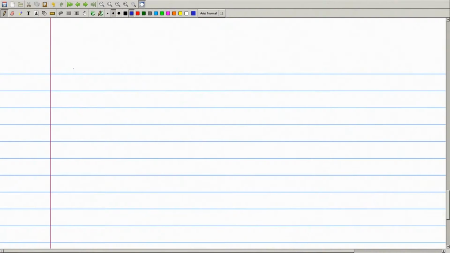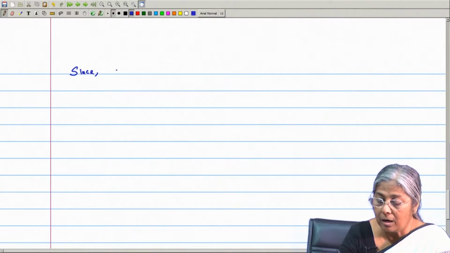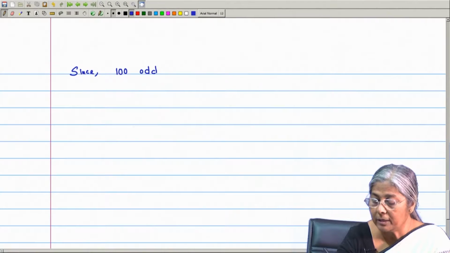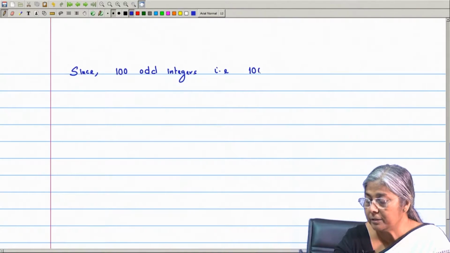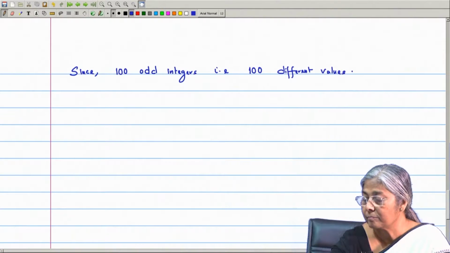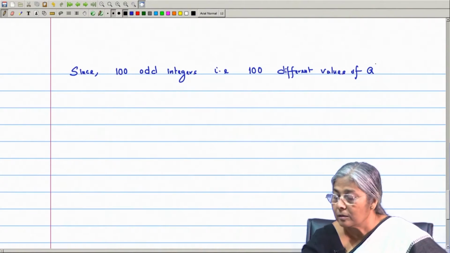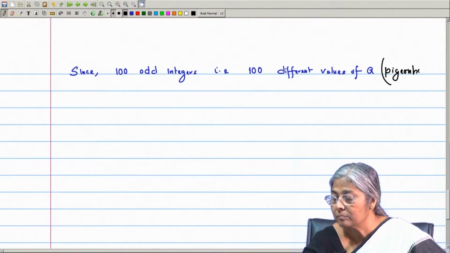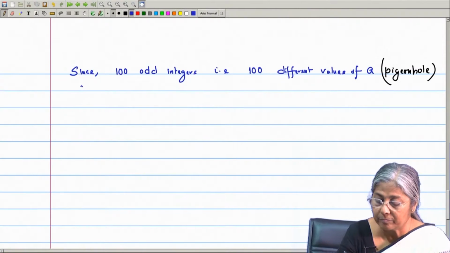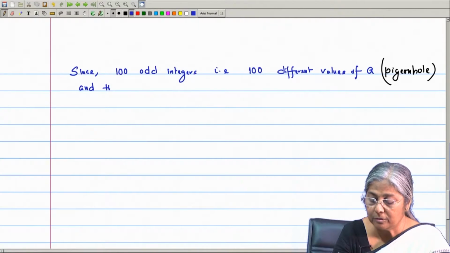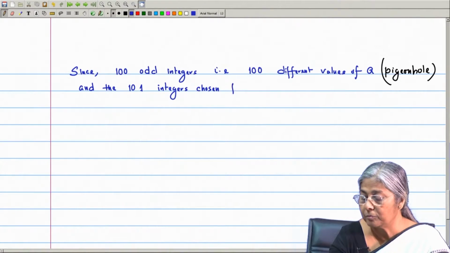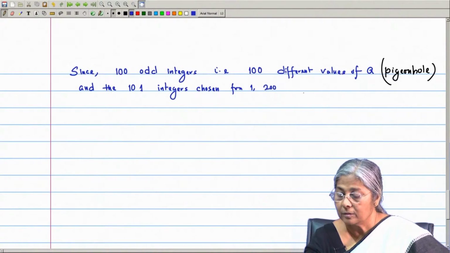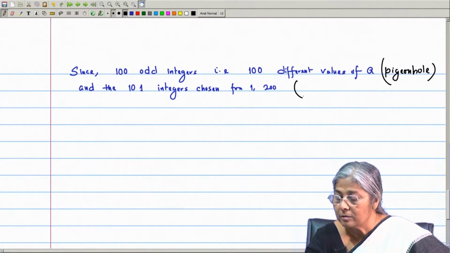Since we have 100 odd integers, that means 100 different values of a, those can be treated as the pigeonholes, and the 101 integers chosen from 1 to 200 we can take as the pigeons.